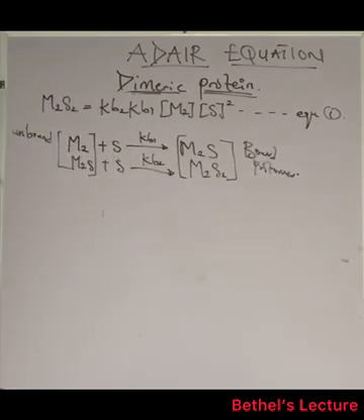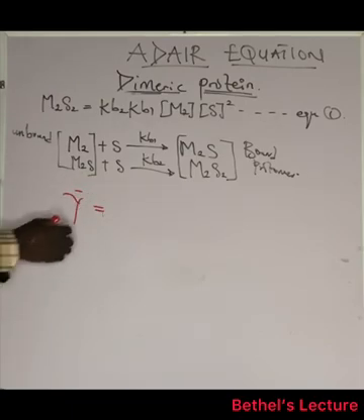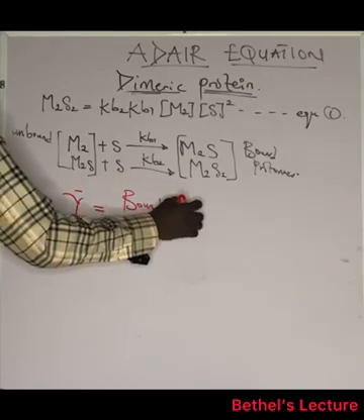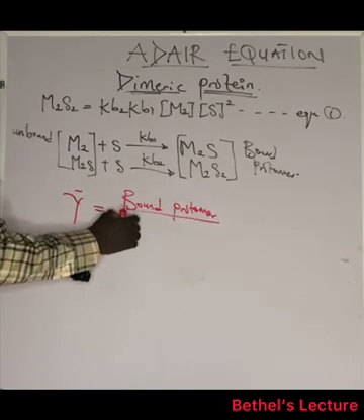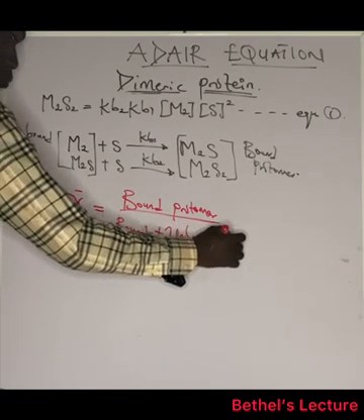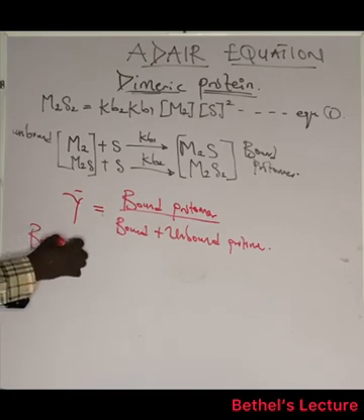Having known this, the next thing is the fractional saturation, represented with the symbol Y, which is equal to bound protomer, or enzyme as the case may be, all over bound plus unbound protomer. Are you there now? So what is our bound protomer?